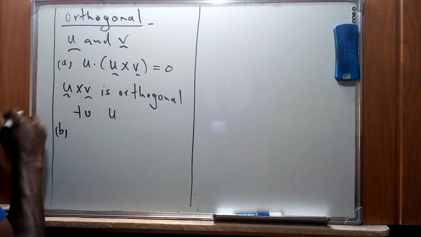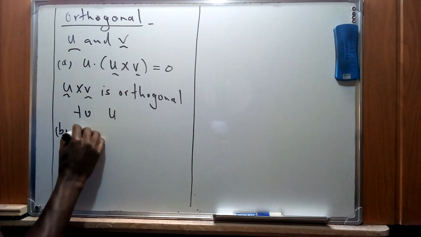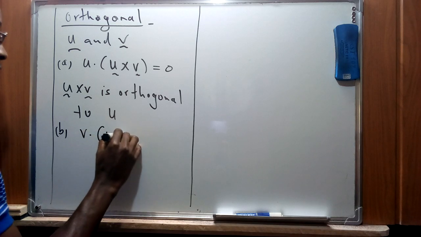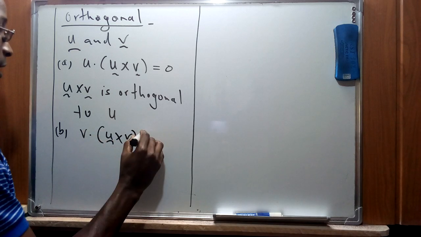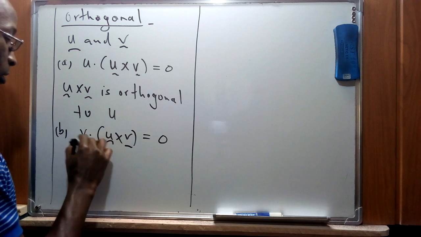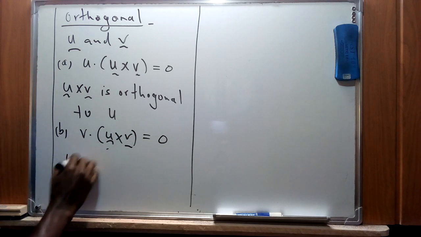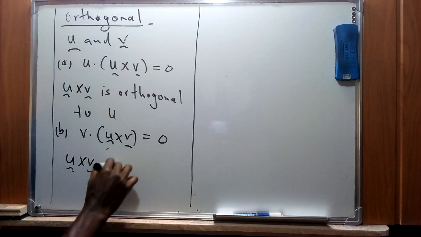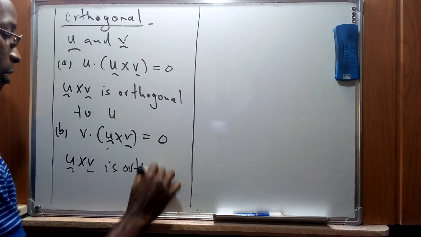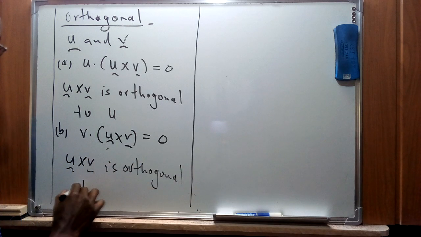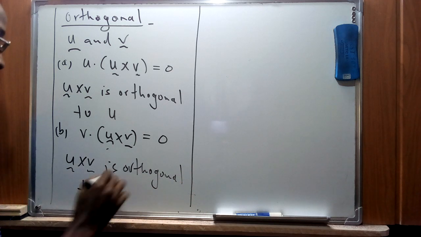And we said that if we take a different approach for v, the dot product of v with u cross v is also equal to 0. And we said therefore that u cross v is orthogonal to v.